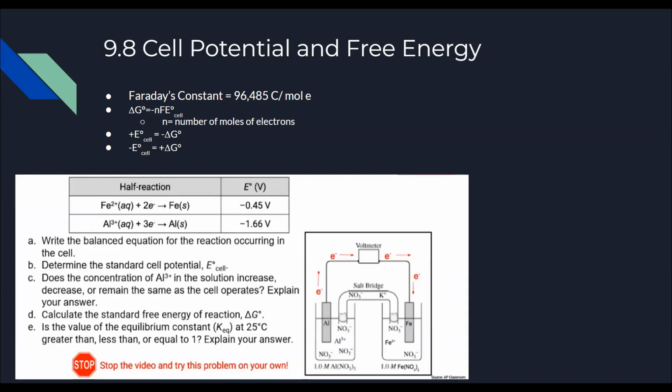So let's try this problem over here. Write the balanced equation for the reaction occurring in the cell. So this is the same as we did before. What we have to do is flip it. So I guess we can just try it like we did before. So you have 3 Fe2+.